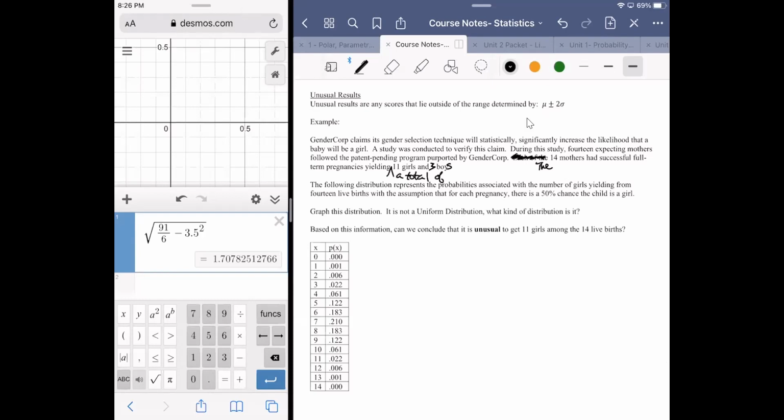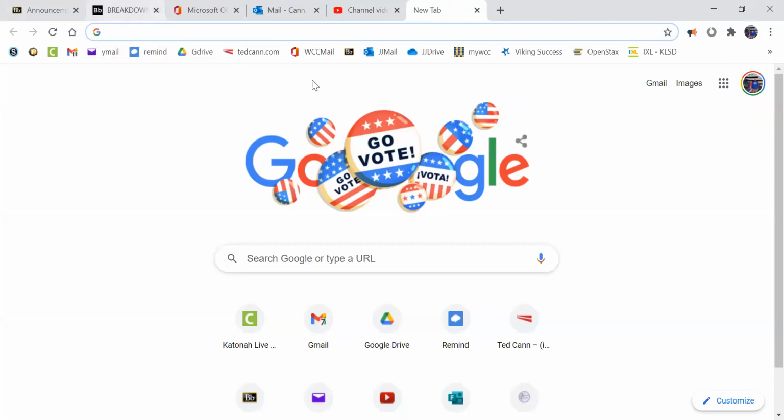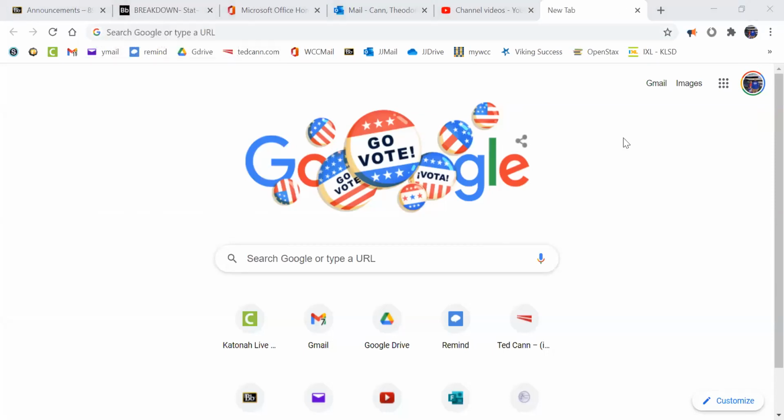All right, I'm also going to do it on my laptop screen, so I'm going to jump out of the iPad share and open up Google Sheets and just kind of walk you through it. Just cleaning up a little bit.